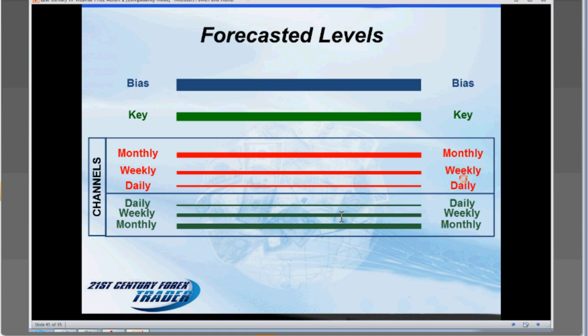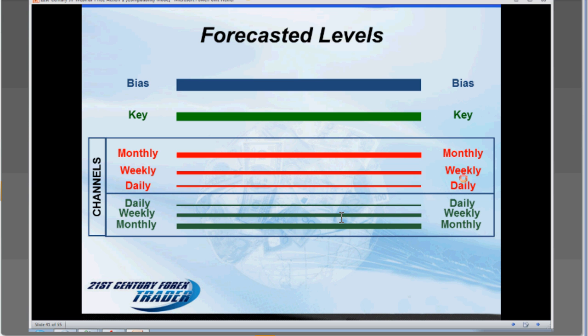When you take a look at these channels, and you hear me talk about 2 out of 3 or 3 out of the 3 match up, I'm talking about reoccurring numbers on the daily, weekly, and monthly charts. I have those all calculated for all 22 currency pairs, and we know in advance when they're going to happen. I'm getting ready to do an upgrade of those in the middle of January.